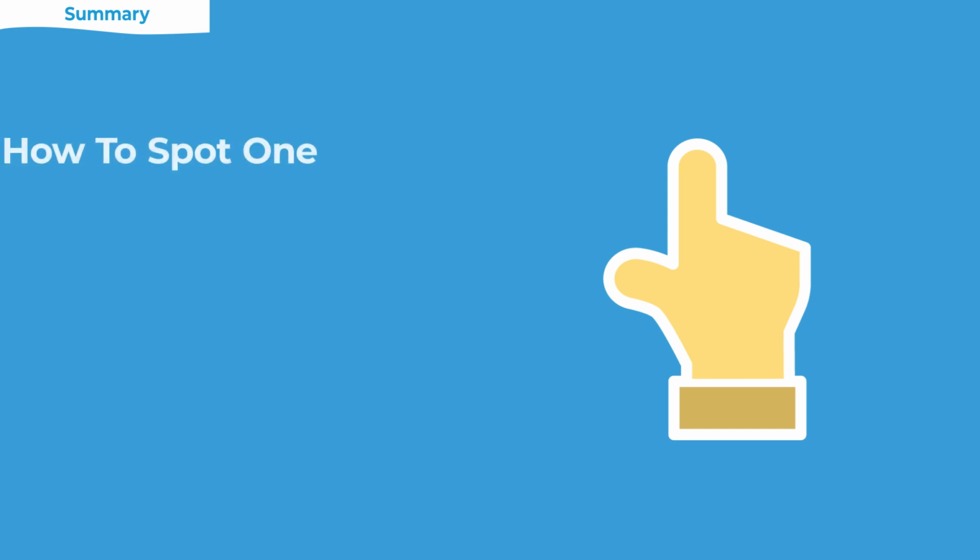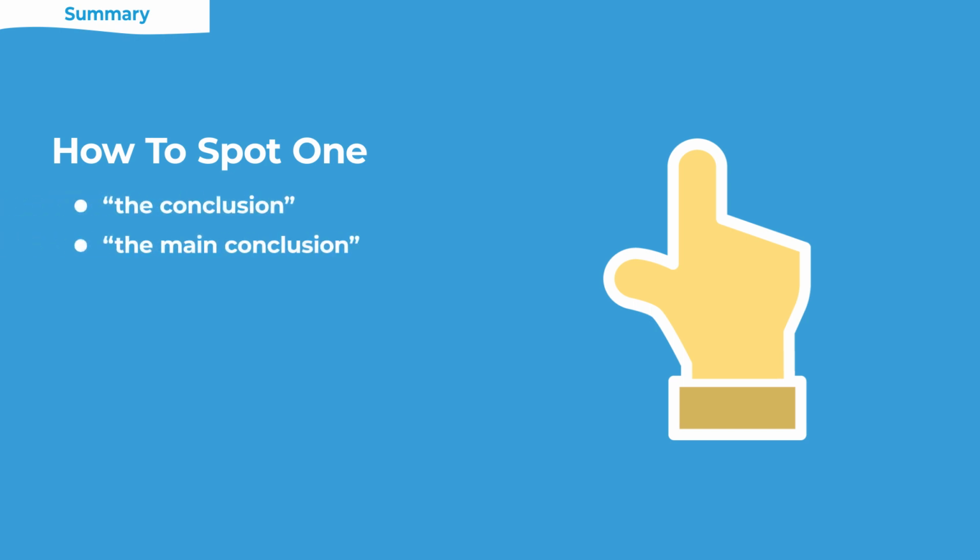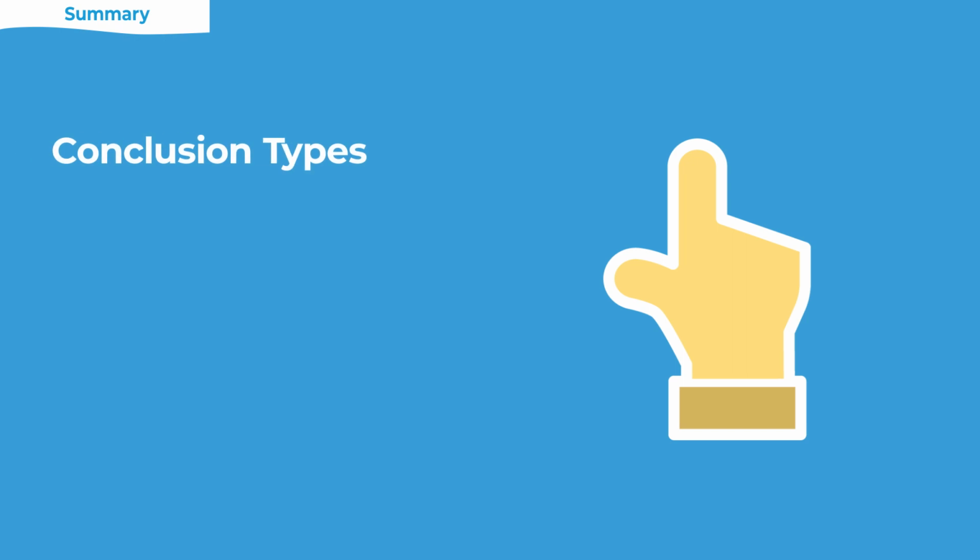So in summary, you spot a main conclusion question with language in the question stem, and you're looking for words like the conclusion, the main conclusion, or the overall conclusion. There are several different types of conclusion structures that you want to be on the lookout for. Look out for refuting a previously stated position. 39% of main conclusion questions use that structure. 21% you can identify the main conclusion using language cues.